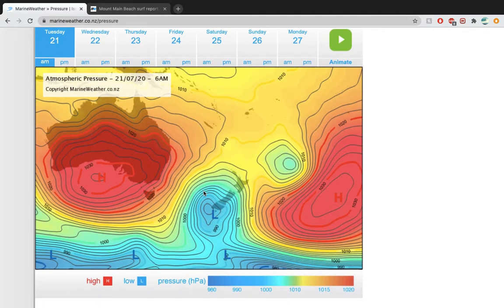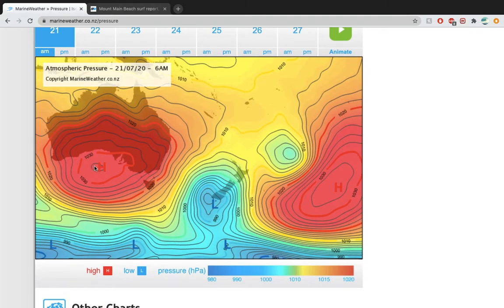So basically, the main components of these weather maps are obviously the high pressure and the low pressure. This just represents air pressure at the surface or at sea level. Here we have a high pressure, here we have a low pressure.